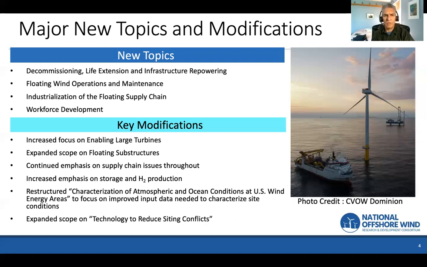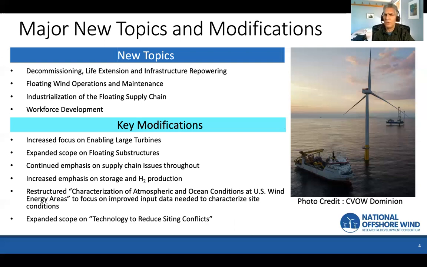Floating wind options and operations are becoming more mainstream now, and we're starting to look at the emergence of a commercial floating industry. So you're going to see a lot more emphasis on floating.